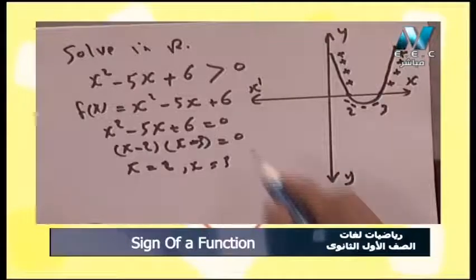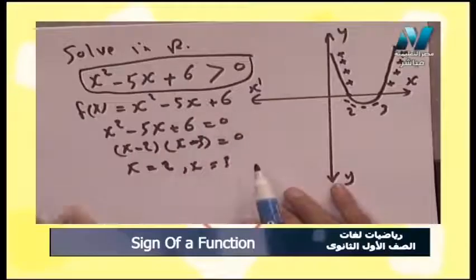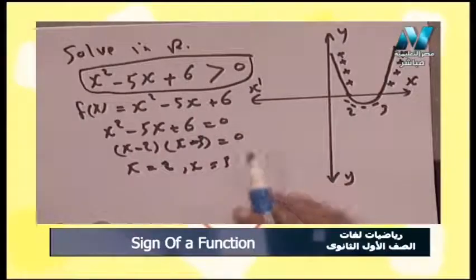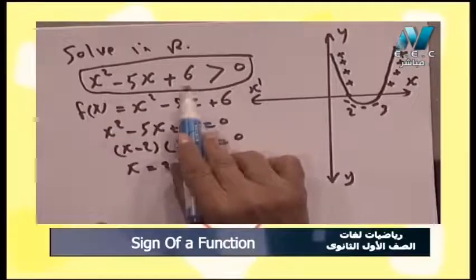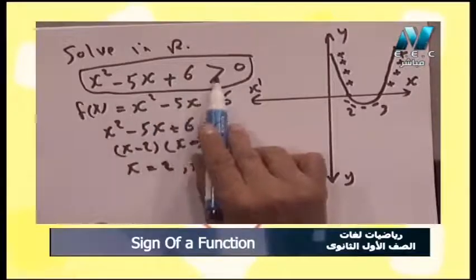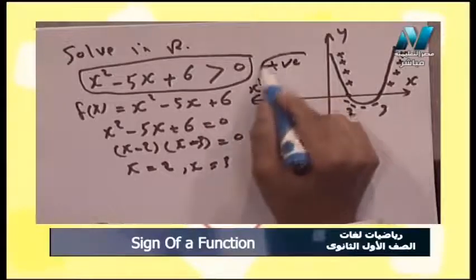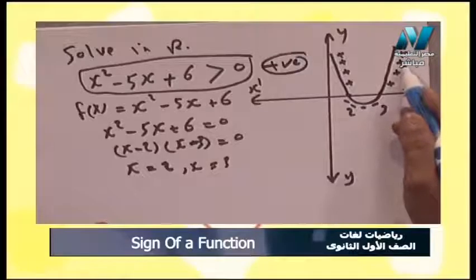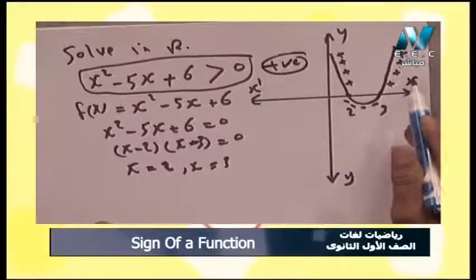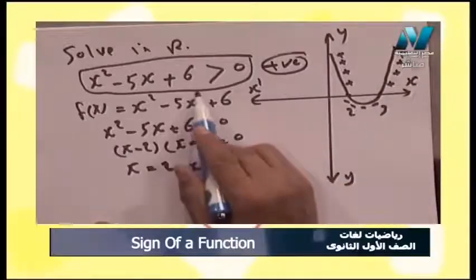So when we would like to solve this inequality, we would like to find out where this expression is greater than 0. Greater than 0 means positive. So look at this graph to tell us about the positive part. The positive part here will be the solution of this inequality.